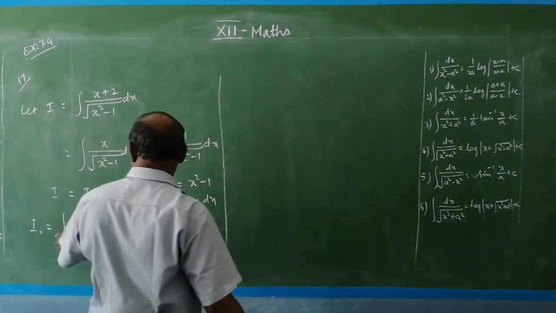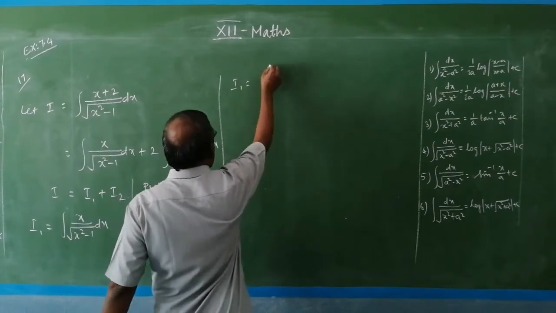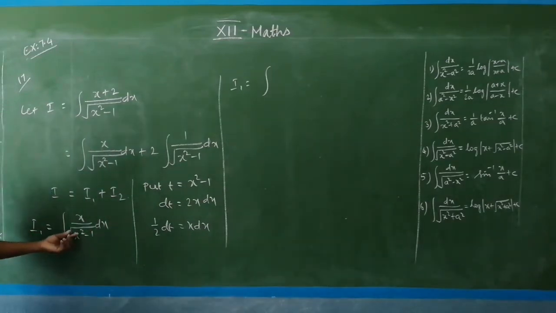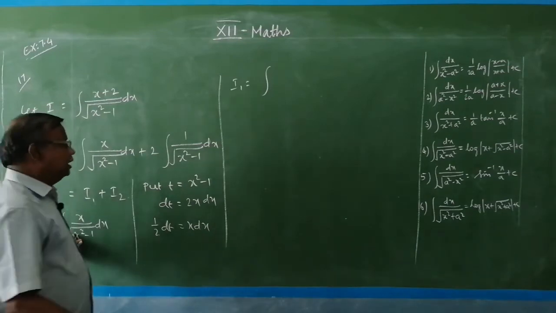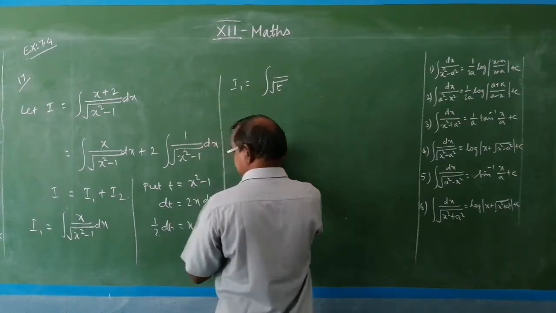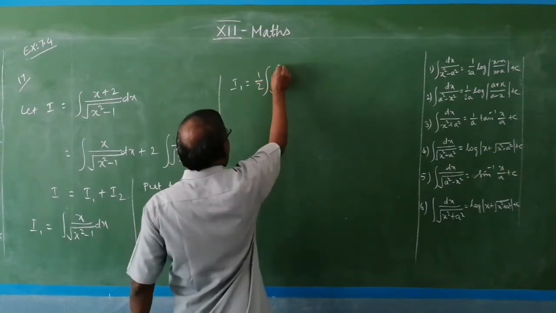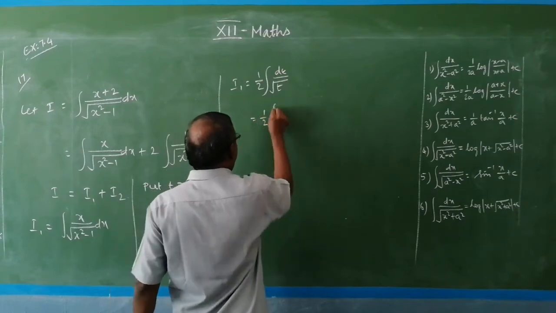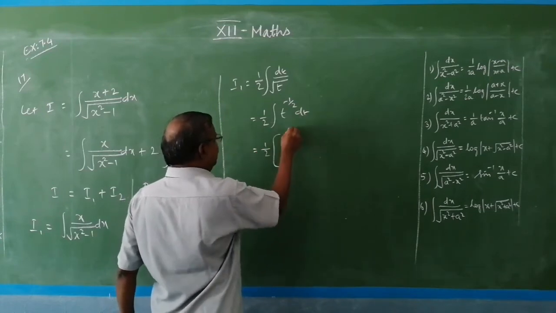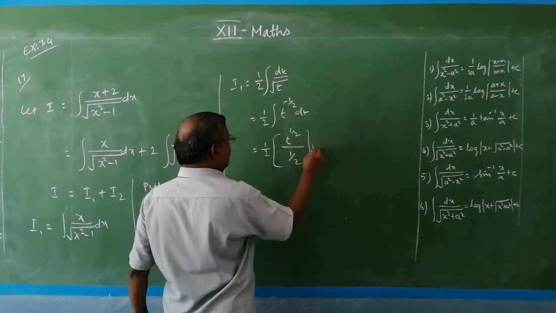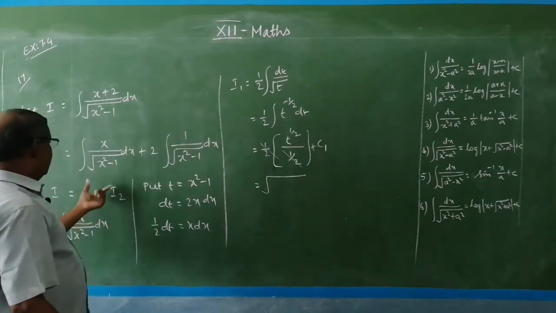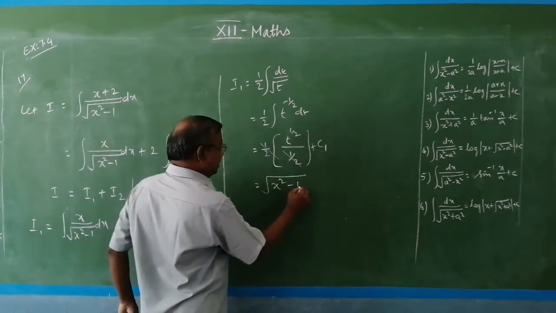Substituting in I1, the denominator is root of t and the numerator x dx becomes 1 by 2 into dt. This is equal to 1 by 2 integral t power minus 1 by 2 into dt, that is 1 by 2 into t power 1 by 2 divided by 1 by 2, plus c1. So t power 1 by 2 means root of t, which is root of (x square minus 1), plus c1.